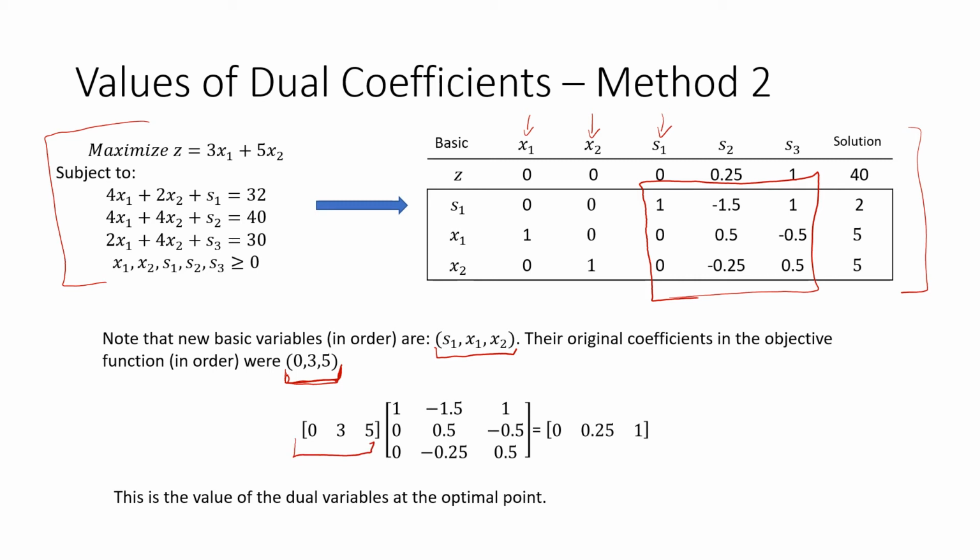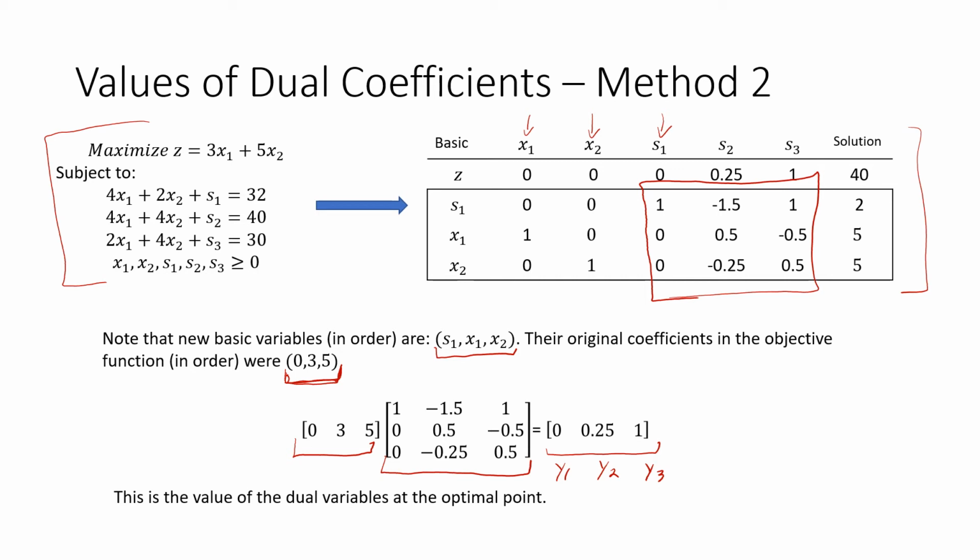Take that, multiply it by my inverse matrix. What do I get? I get 0, 2.5, and 1. If you remember, that is the value of my new dual variables. That was the value of y1, y2, and y3 at the optimal point.